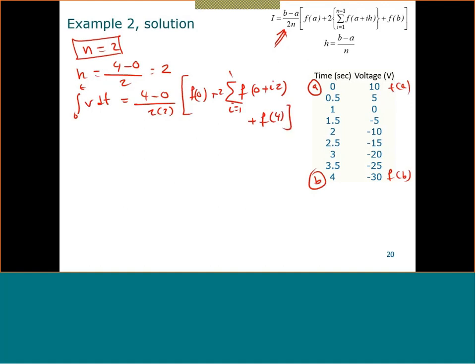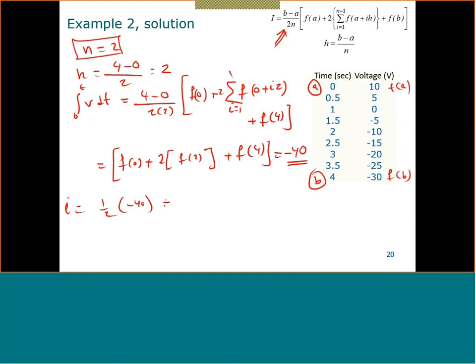So this becomes 4 over 4, which is 1. f of a plus 2, and this becomes f of 2 plus f of 4. And if you do the calculation, you will find this is equal to minus 40. Then your current I is equal to 1/2 times minus 40 plus 2, again minus 18 amps.